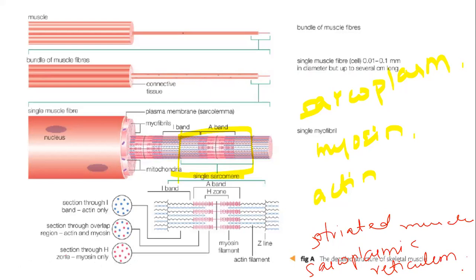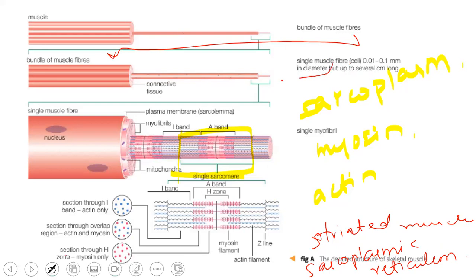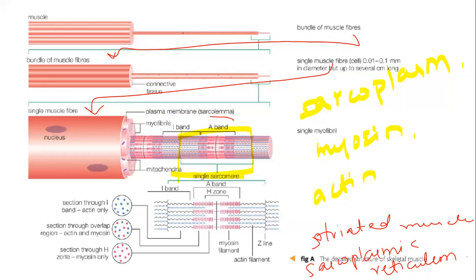So we have muscle. Muscle is made up of many muscle fibers all lying parallel to each other. Now, one muscle fiber is going to consist of many muscle cells, and a single muscle cell is going to consist of many myofibrils all joined together. The plasma membrane of the myofibril is known as the sarcolemma.